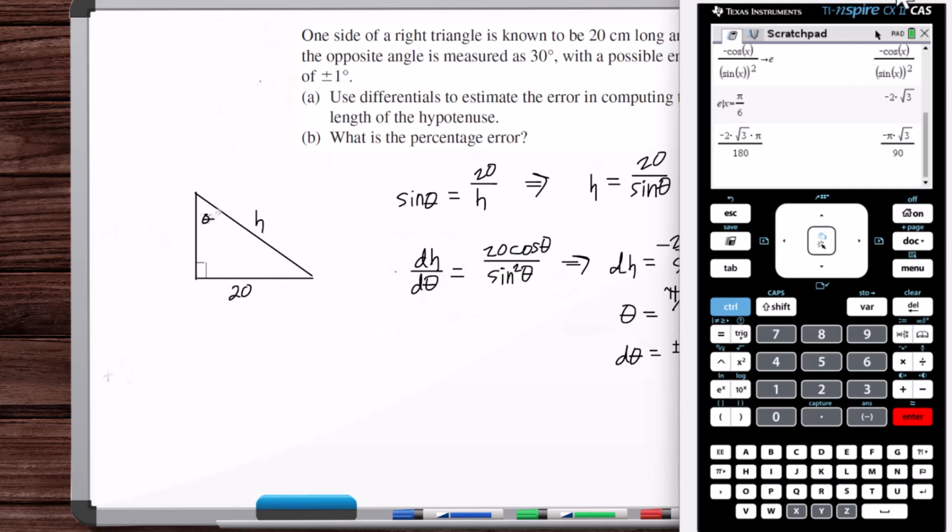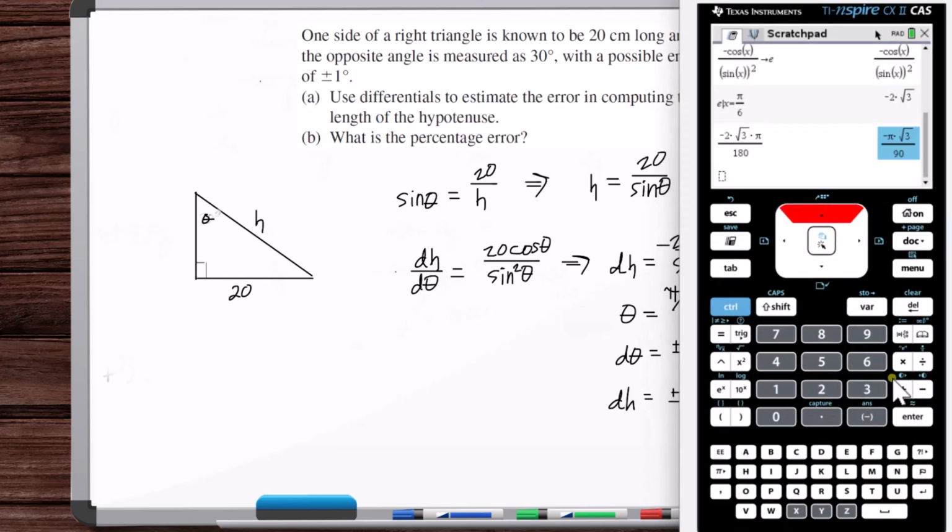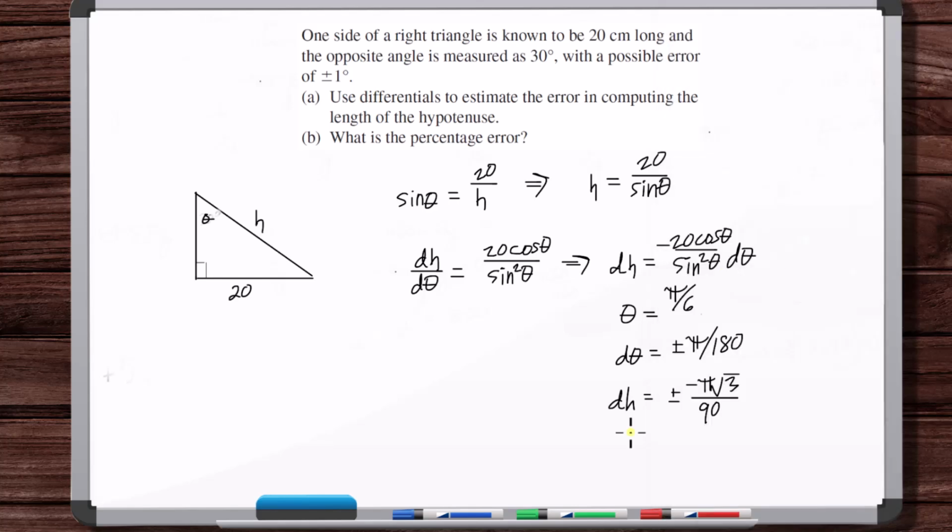Minus pi root 3 over 90. So minus 0.0605, or plus or minus 0.0605. That's centimeters.